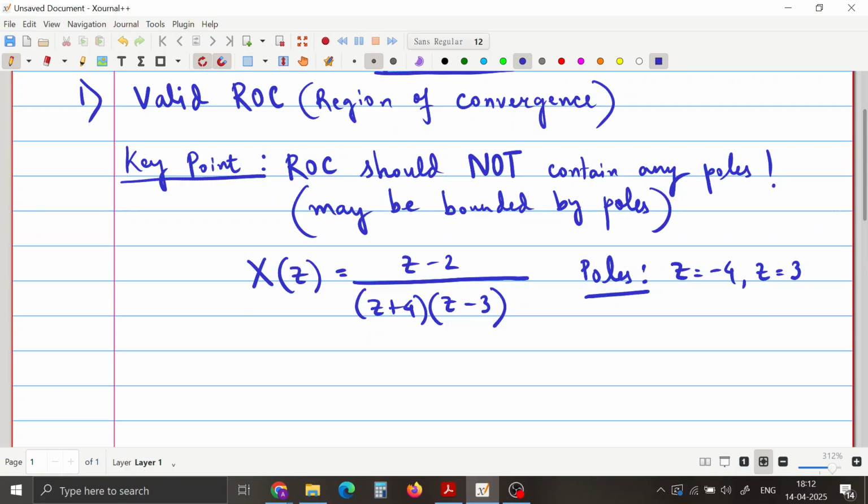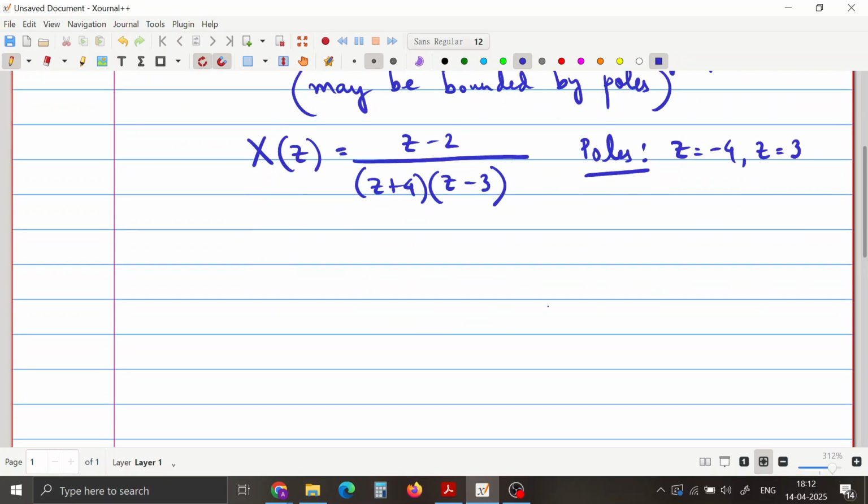And how do we represent the pole-zero plot? Basically there are two perpendicular axes. One is the horizontal axis, which is the real part of z. Here z is a complex number, right? And the vertical axis would be the imaginary part of z. It's the imaginary axis.